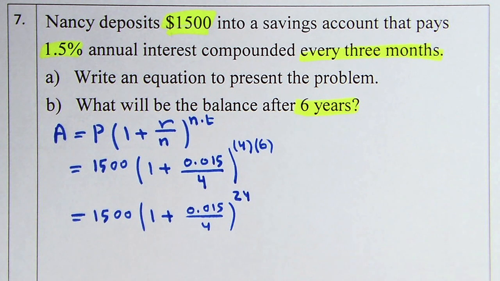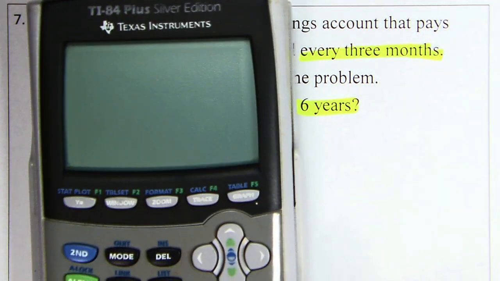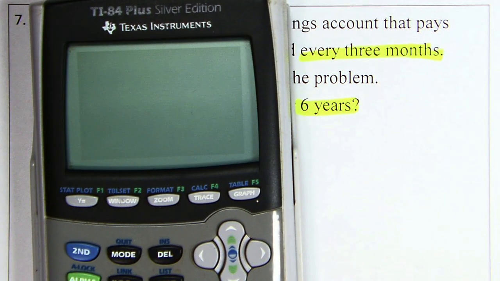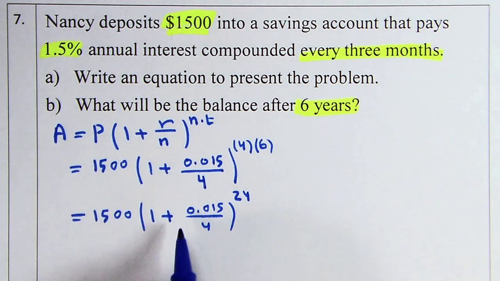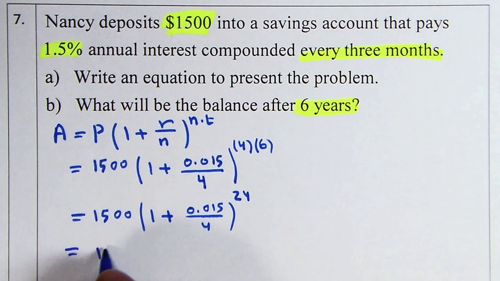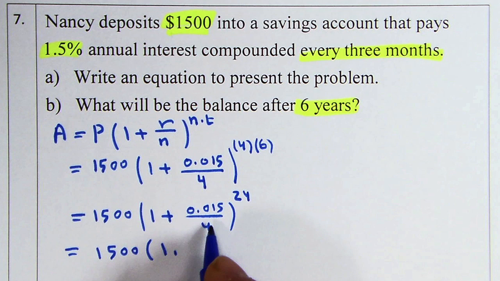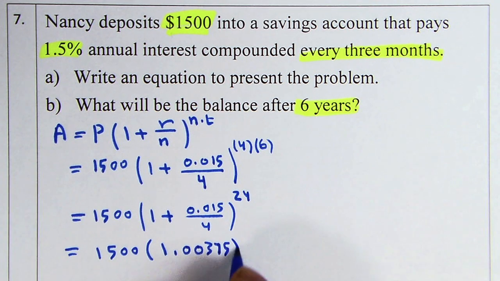Dividing 0.015 by 4, we get 0.00375. So this becomes 1500, 1 point, when you add it to the decimal point, 0.00375 to the power 24.